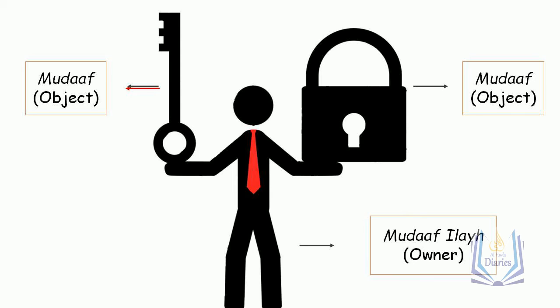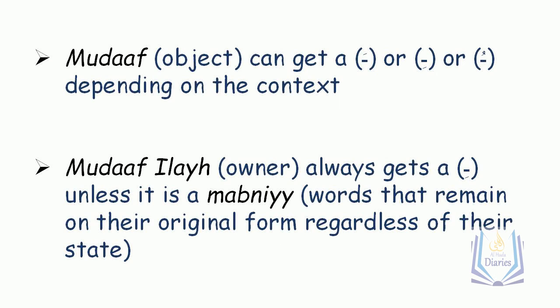So when it comes to the owner, he's not only going to own the lock, but he is going to own the lock and the key. So he has two things. The term that has two words, two parts, is actually the owner. Now I don't know if you really got this concept, but if you do get it and if this was helpful, alhamdulillah. Let's just move on. So mudaf is the object and mudaf ilay is the owner.